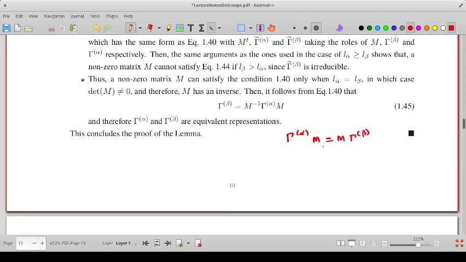Since m has an inverse now, I can multiply from the left with m inverse. So I will have m inverse gamma alpha m equals m inverse m gamma beta. But this is the identity matrix, and therefore the right hand side is equal to gamma beta. So that means gamma beta is equal to m inverse gamma alpha m, where m is a non-singular matrix, a matrix with non-zero determinant. So that means gamma alpha and gamma beta are equivalent representations. And this proves the lemma.